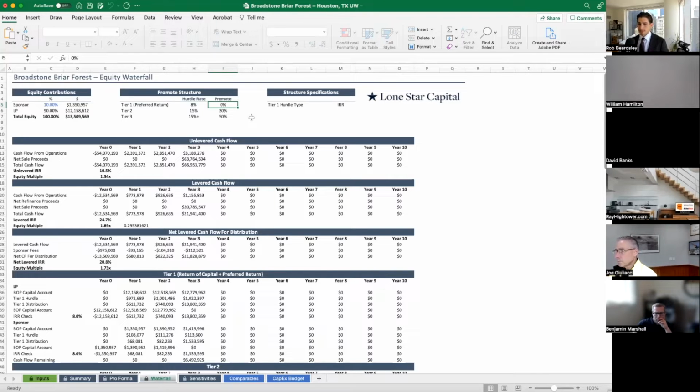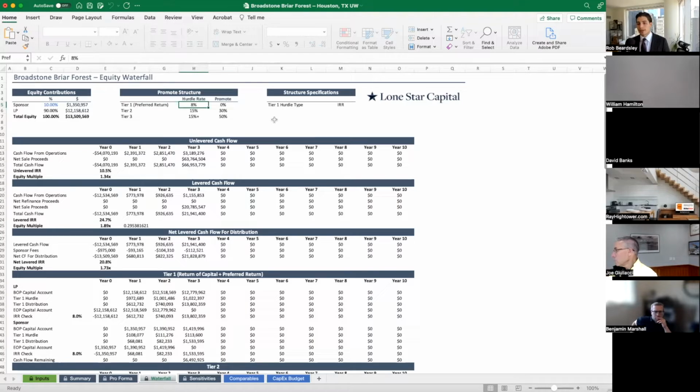Also, as a side note, similarly, as I explained in my newsletter article, our preferred return is a cumulative and compounded return hurdle plus 100% return of capital. So essentially, it's an 8% IRR, which is the preferred return. So that means the sponsor receives no performance compensation or carried interest or promote prior to the investors achieving an 8% IRR.